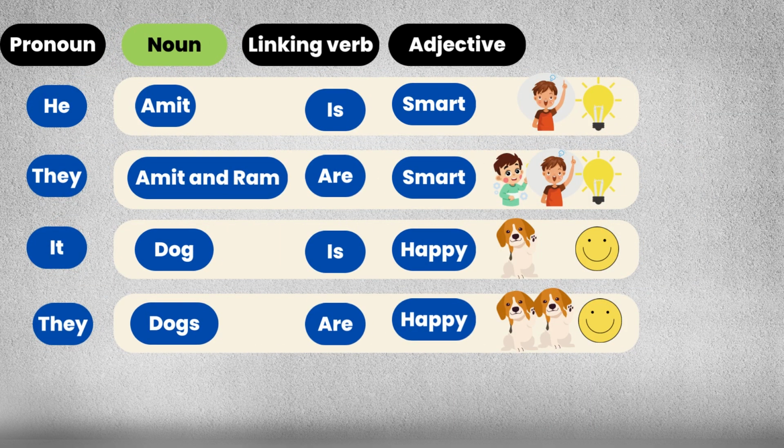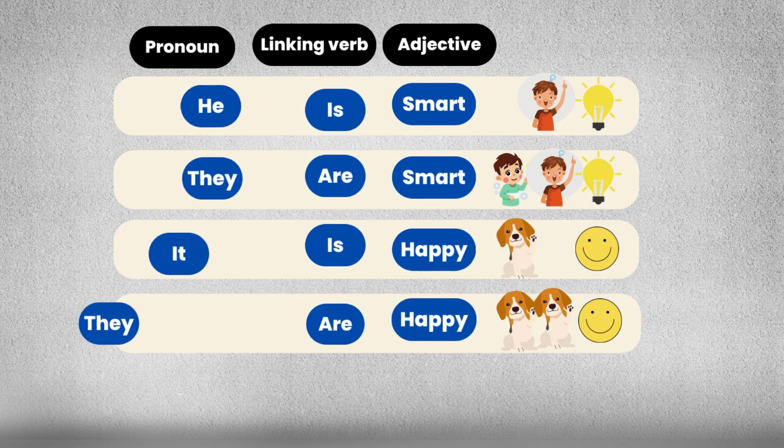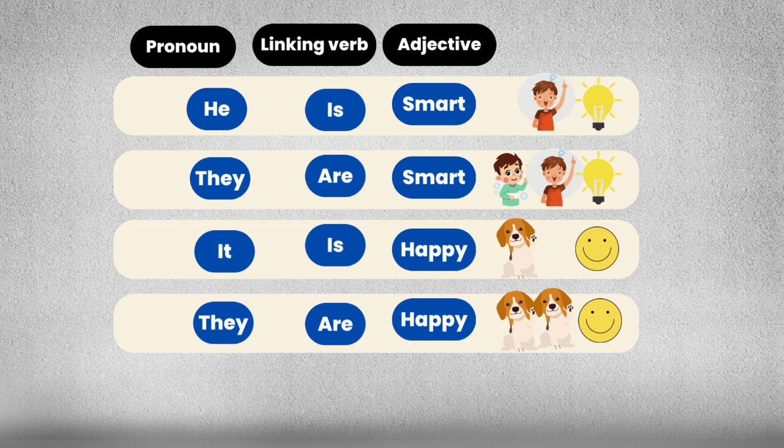Now let us replace the nouns with personal pronouns in these sentences. Let us understand how to replace noun with a pronoun. As we replace noun with pronoun, the sentences will change like this. He is smart. They are smart.